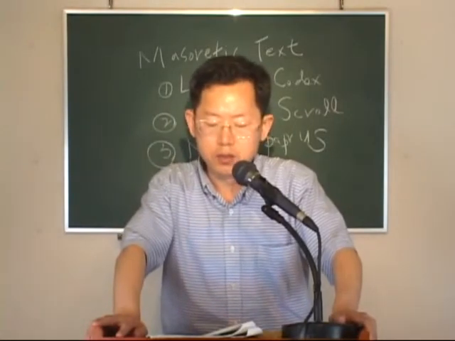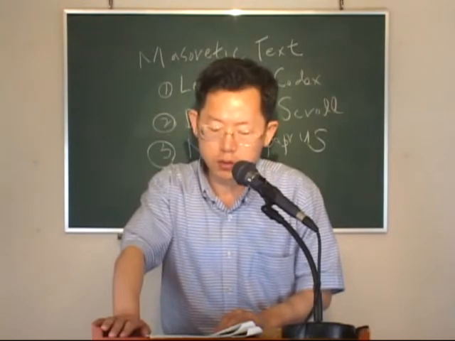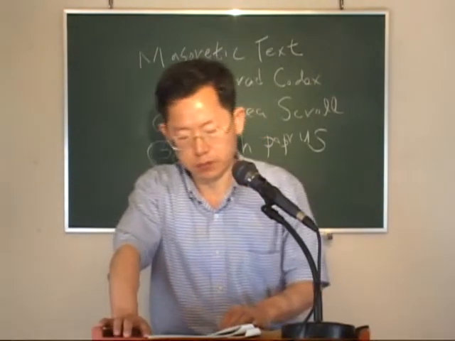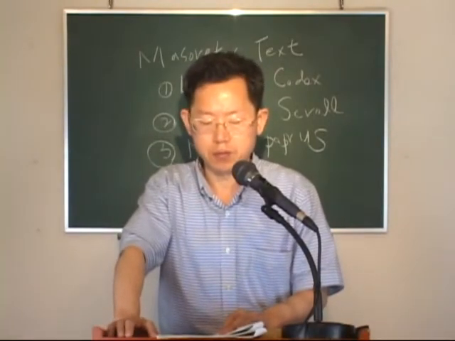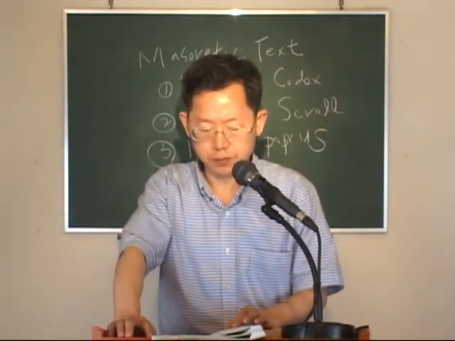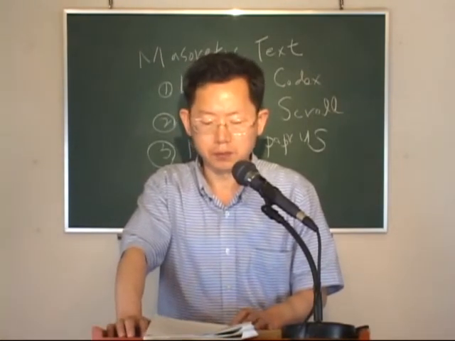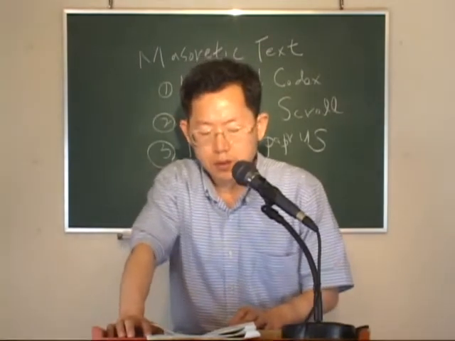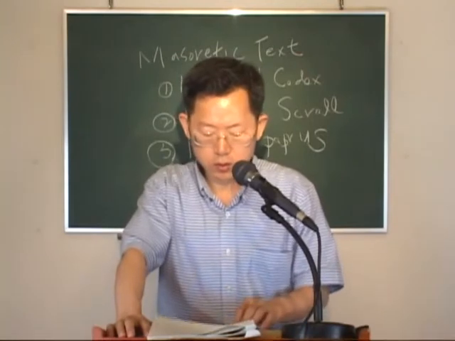To summarize what we've learned, we can assume that the Nash Papyrus, the Dead Sea Scrolls, and the Samaritan Pentateuch were written at around 200 BC.